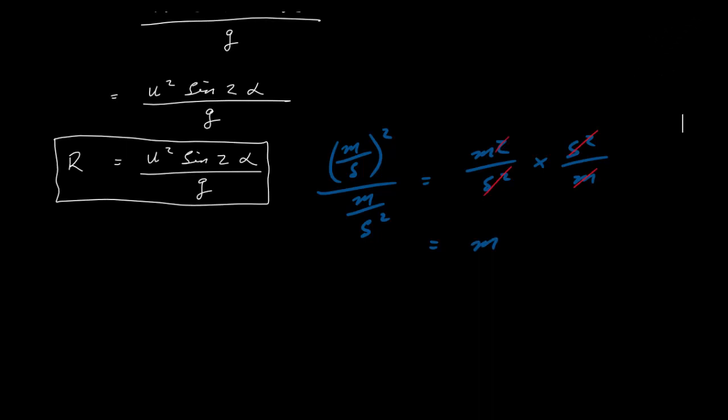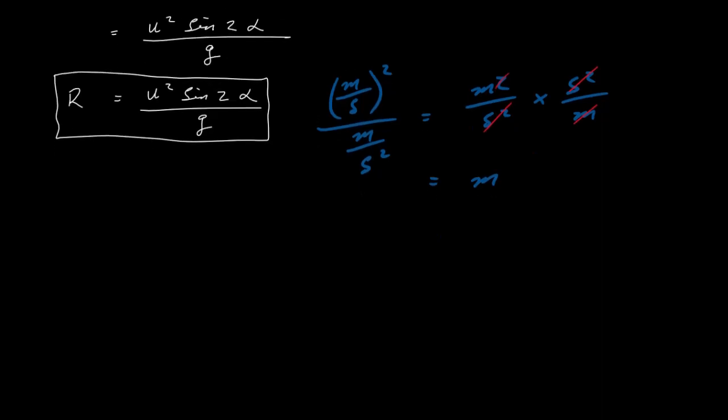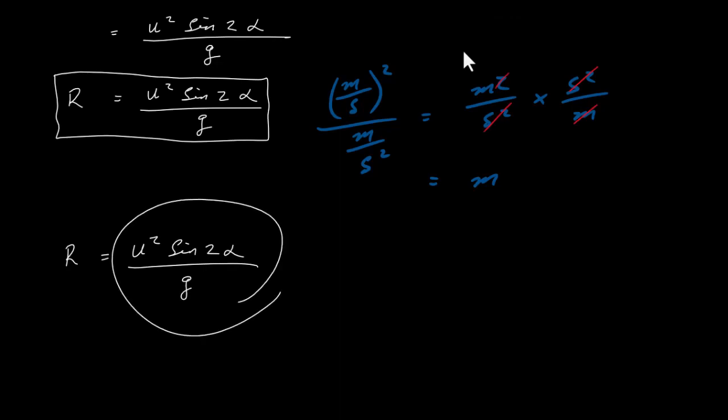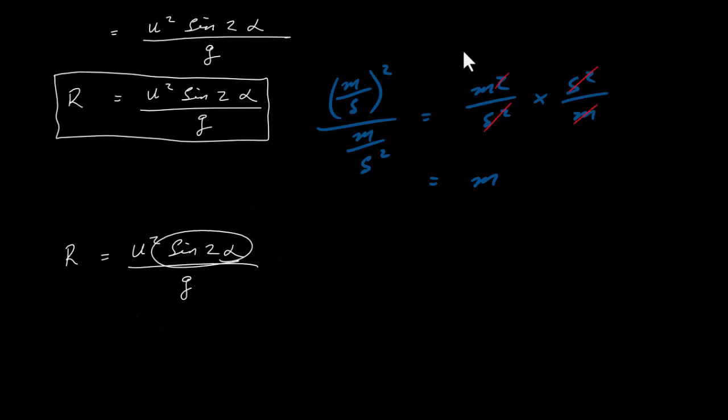Okay, so what we can also do with this formula is have a look at it to see if we can work out what the angle of projection would be to give us a maximum range. So if we take our range is equal to u squared sine 2 alpha over g, this fraction here would be maximized if sine 2 alpha was equal to 1. Remember, sine ranges from -1 to +1.